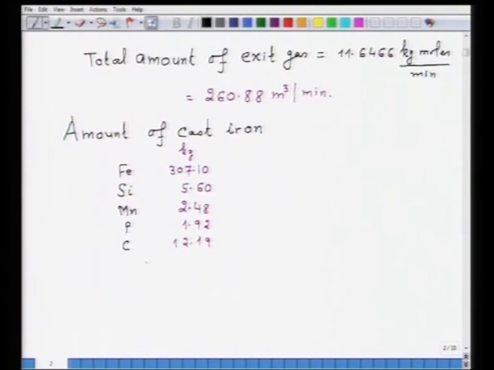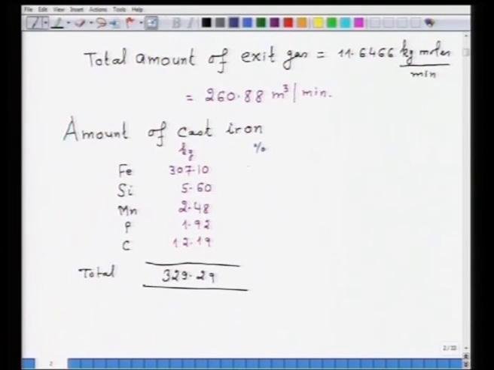This makes the total weight of cast iron 329.29, and we can also calculate in percent.